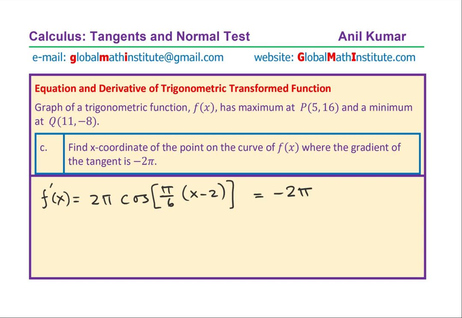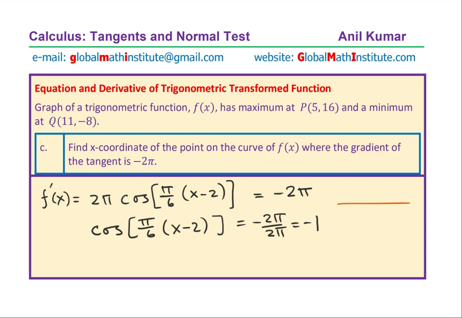So when divided by 2 pi, we get cos of pi by 6 times x minus 2 is equal to minus 2 pi divided by 2 pi, which is minus 1. Now when is cos minus 1?